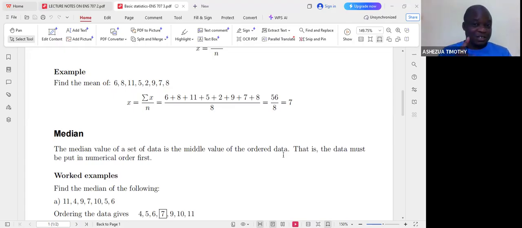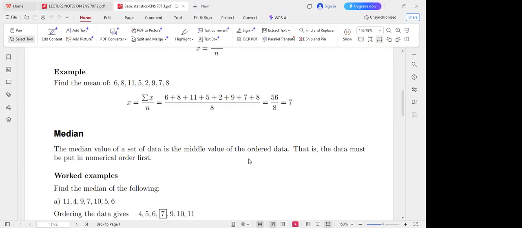You know the meaning of ascending or descending. Either you arrange it from lowest to highest, that is ascending, or from highest to lowest, that is descending. I hope you can hear very well now. Yes, sir. We can hear you very well, sir.